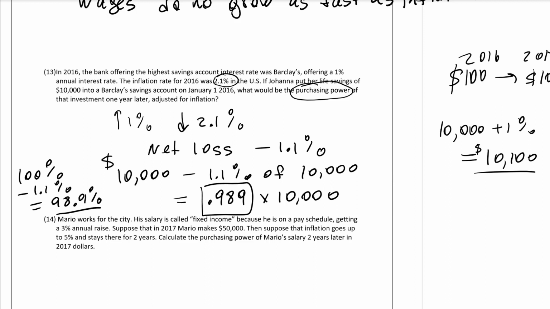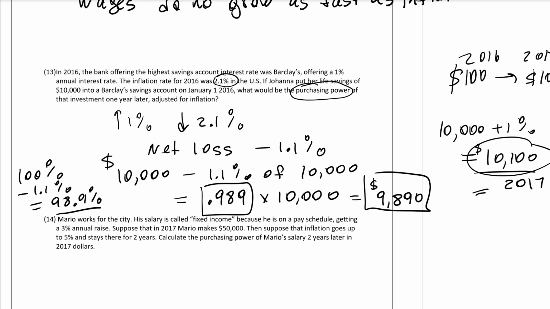That's what we're calculating. And you can do it the long way, that's fine, whatever way. But the result is 9,890. So she's going to have this amount of dollars in 2017, but this is the same as this in 2016. You see? It's the same. An interesting concept. All right.